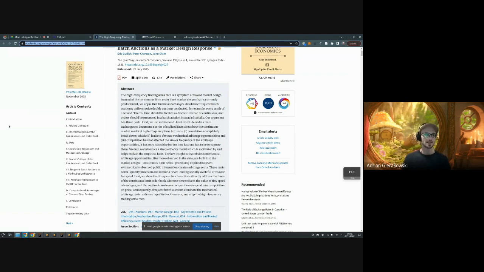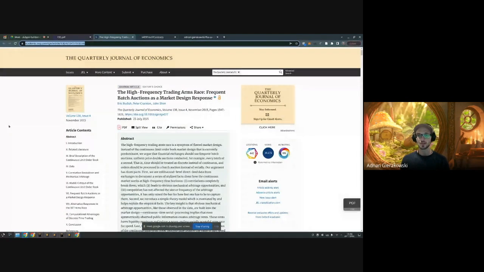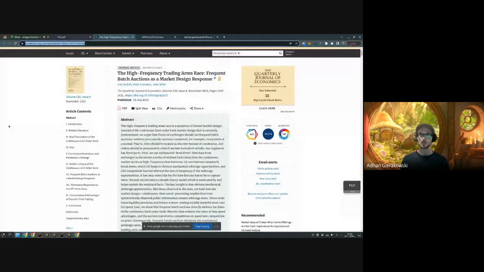But these claims have not been fully refuted, but they have been criticized as not accurate, and it's currently not a dominant strategy on the centralized exchanges.